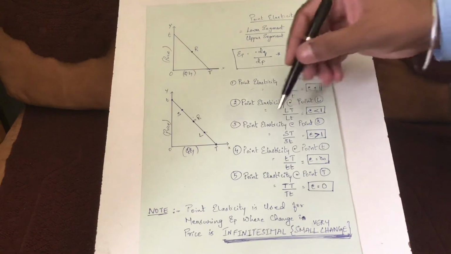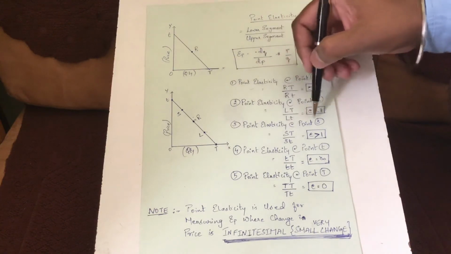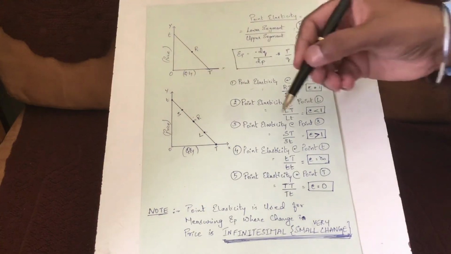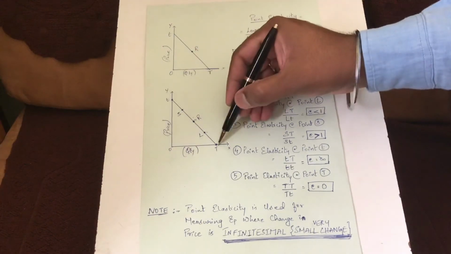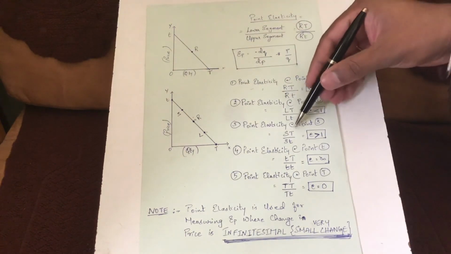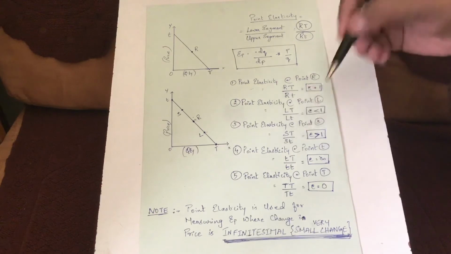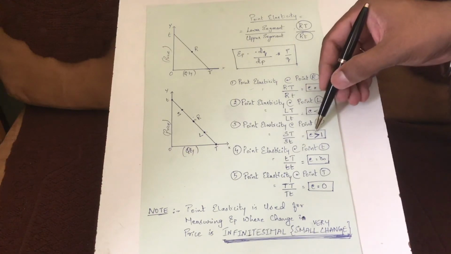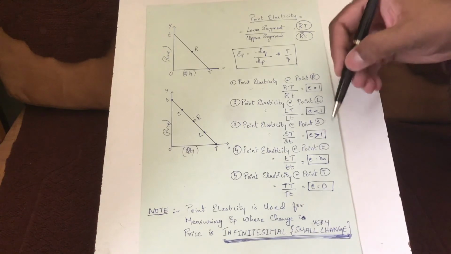In the third case, point elasticity at point S. How do we arrive at point elasticity here? S capital T divided by S small t, that is lower base divided by upper base, or lower segment divided by upper segment. Obviously it leads to E greater than 1.